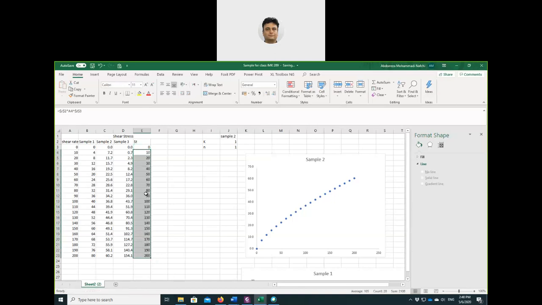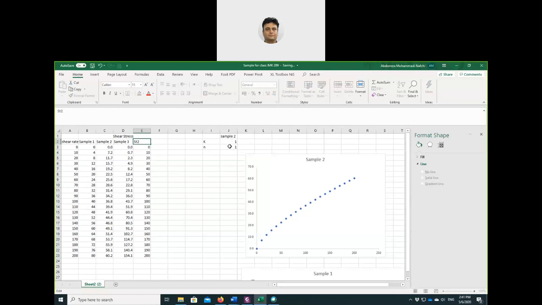Now I have this data K and N. You can see I have this data from theoretical for sample 2, ST2. You remember this data was coming from practical, and this one is coming from theoretical.